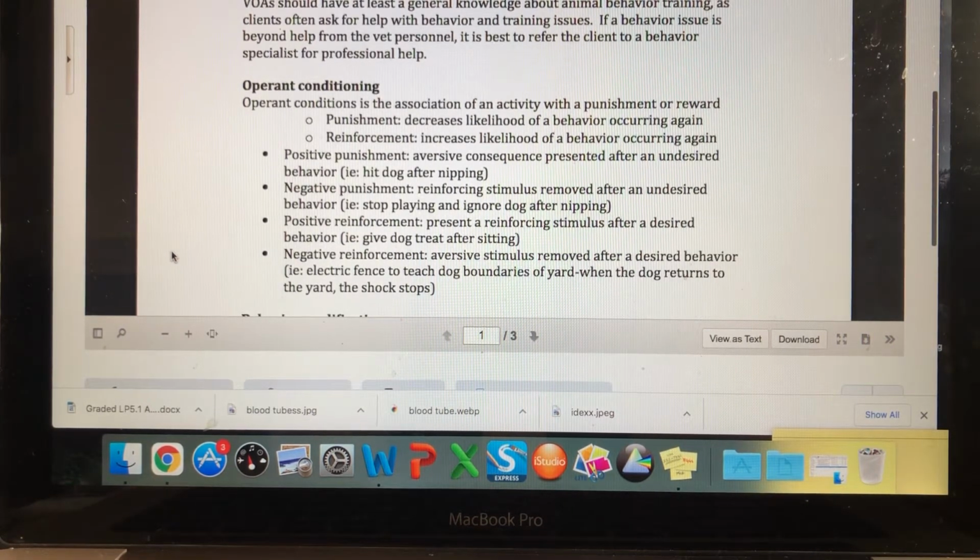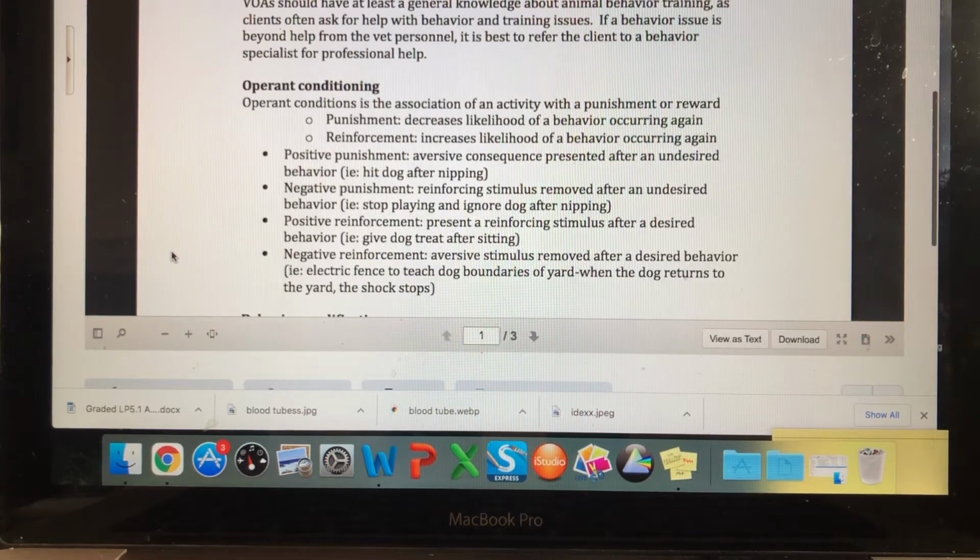Positive means we're introducing the stimulus, and the stimulus is a reinforcement, okay? And then a negative reinforcement means we're taking something away, in this case an aversive stimulus. So we're reinforcing the behavior by removing something bad, okay?